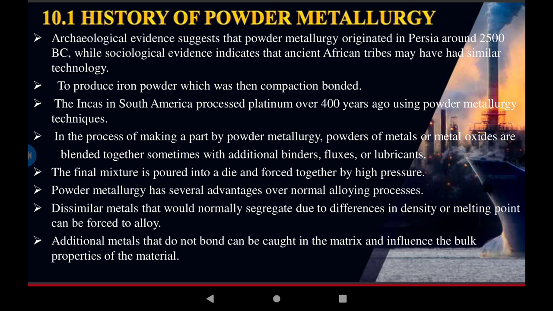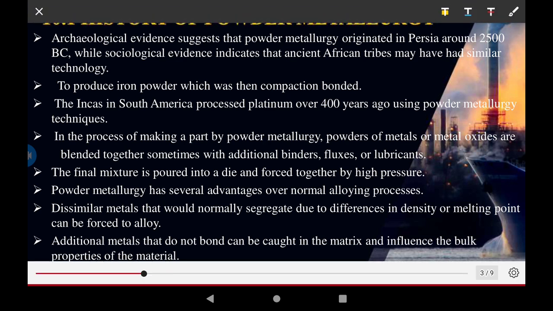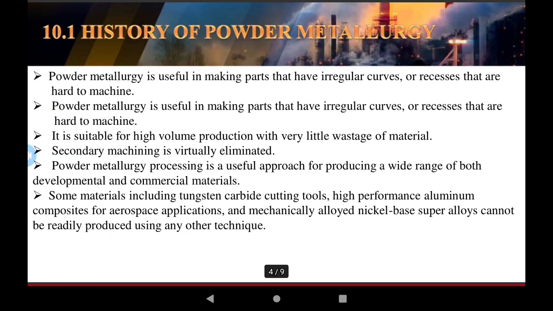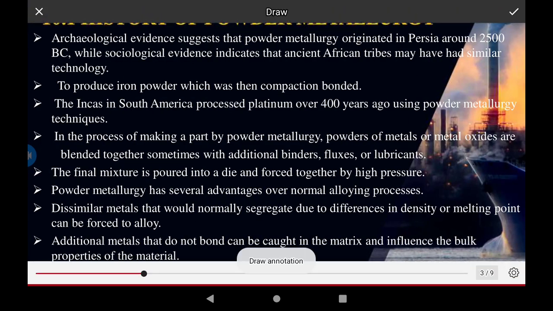Dissimilar metals that would normally be unsuitable because of differences in density of the materials and differences in melting point can be formed into an alloy.